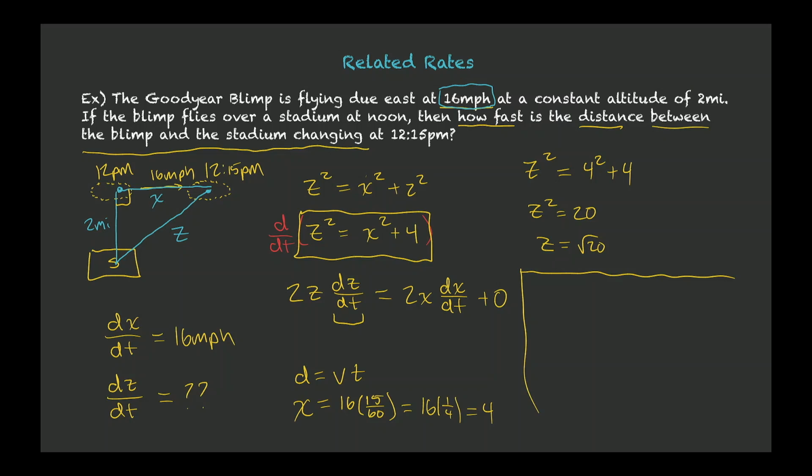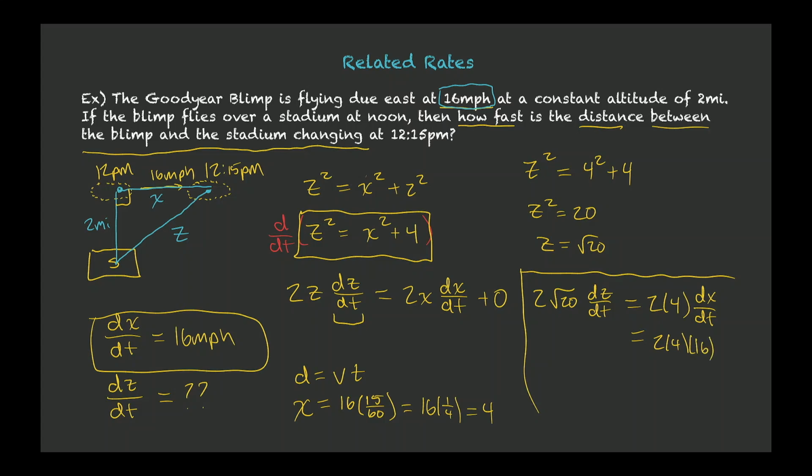So going back to our derivative that we took, we have 2z, so 2 times the square root of 20, times dz dt, is equal to 2x. X we calculated to be 4, times dx dt. And again, dx dt, we already wrote that down to be 16.